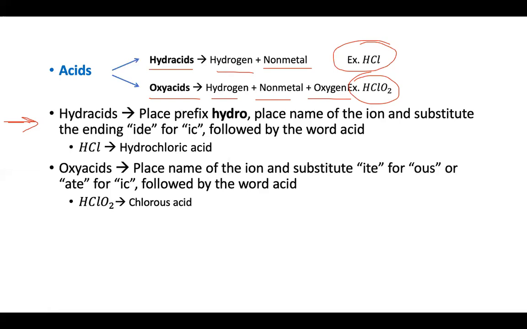Hydroacids are going to be named placing first the prefix hydro and then the name of the ion, changing the ending "ite" for "ic", followed by the word acid. So in this case, if we have HCl, the name of this compound will be hydro, which is the prefix, chloric, which is of chlorine, ending with "ic", and the word acid.